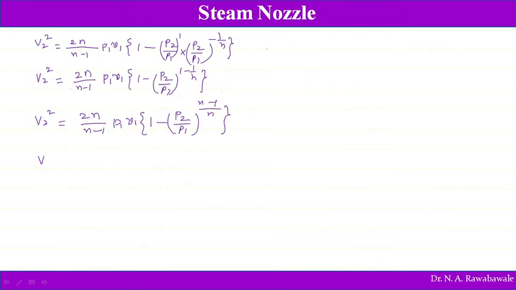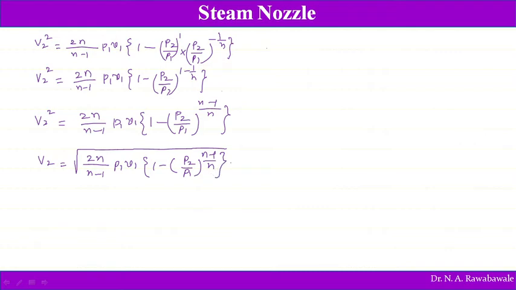Now velocity V2 is equal to the square root of 2n divided by n minus 1 P1 V1 in bracket 1 minus P2 divided by P1 to the power of n minus 1 divided by n, close this bracket. We can call this equation number 5.